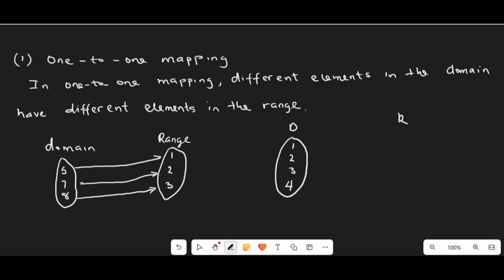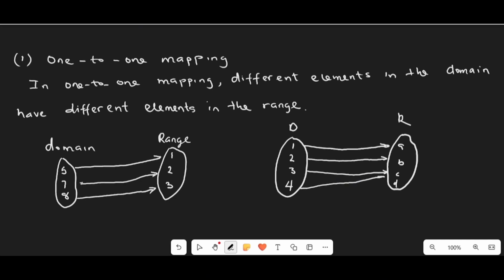Our range, let us represent it with R. We have A, B, C, D, and 1 is mapped with A, 2 is mapped with B, 3 is mapped with C, and 4 is also mapped with C. And this one is not one-to-one mapping because 2 elements in the domain are mapped with the same element in the range, so it is not one-to-one mapping.